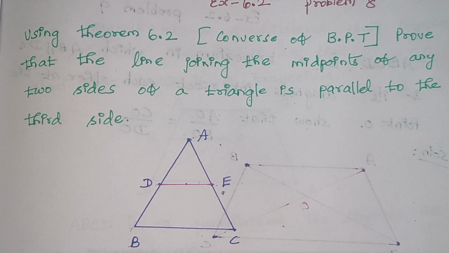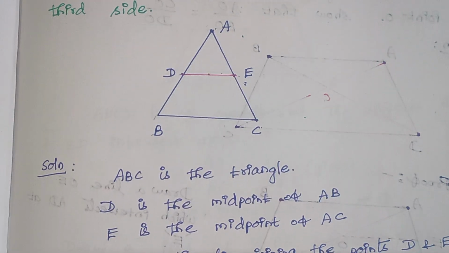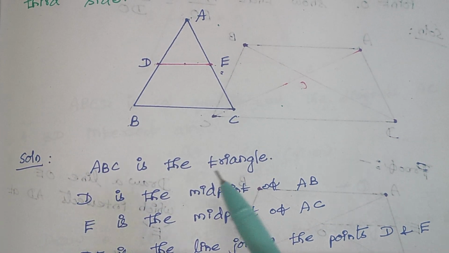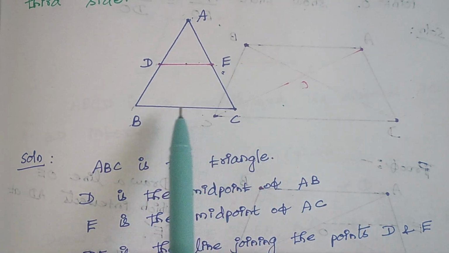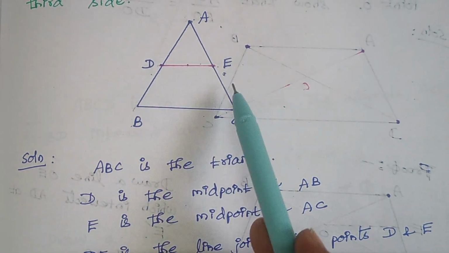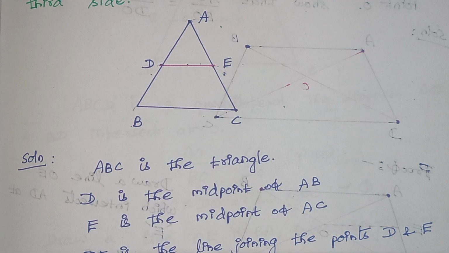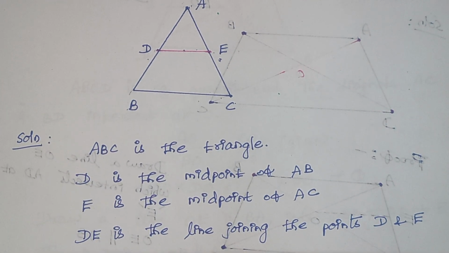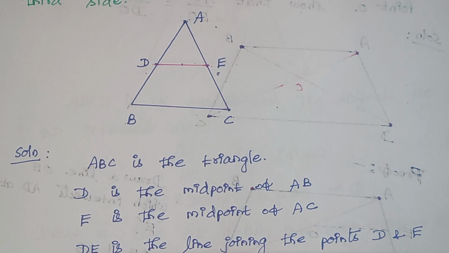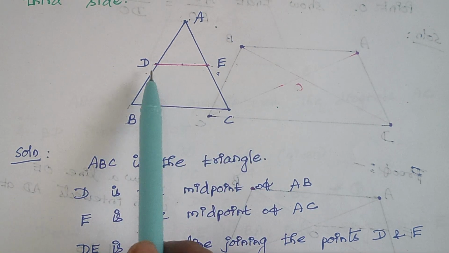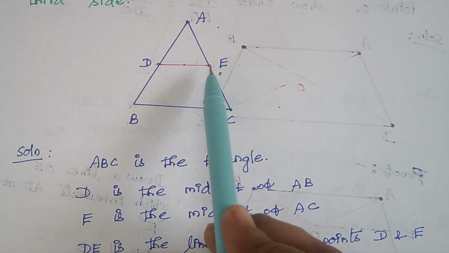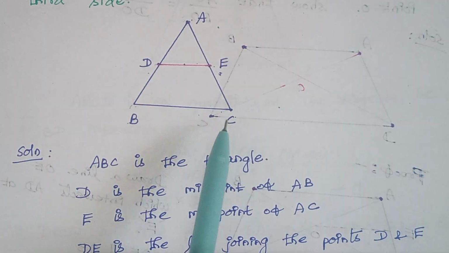Again, first, a general introduction about the diagram. ABC is a triangle, D is the midpoint of AB, E is the midpoint of AC, and DE is the line that joins the points D and E. As it is clearly given, D is the midpoint of the side AB and E is the midpoint of the side AC.